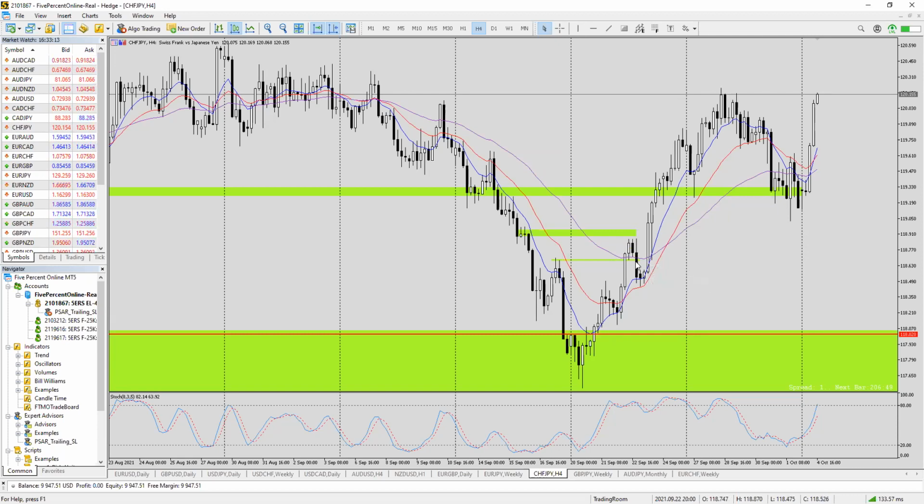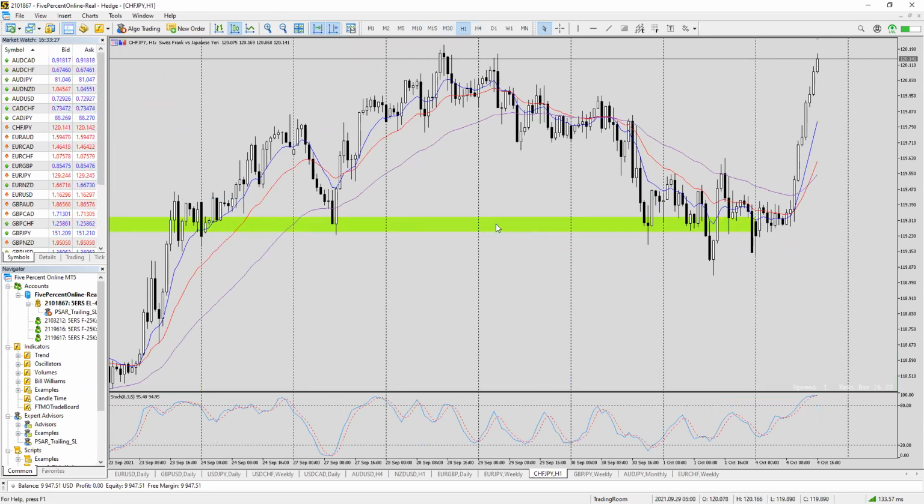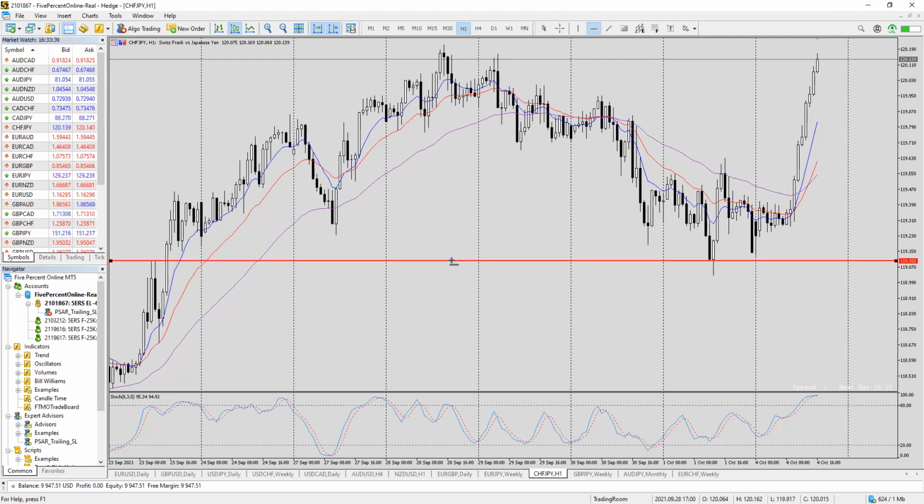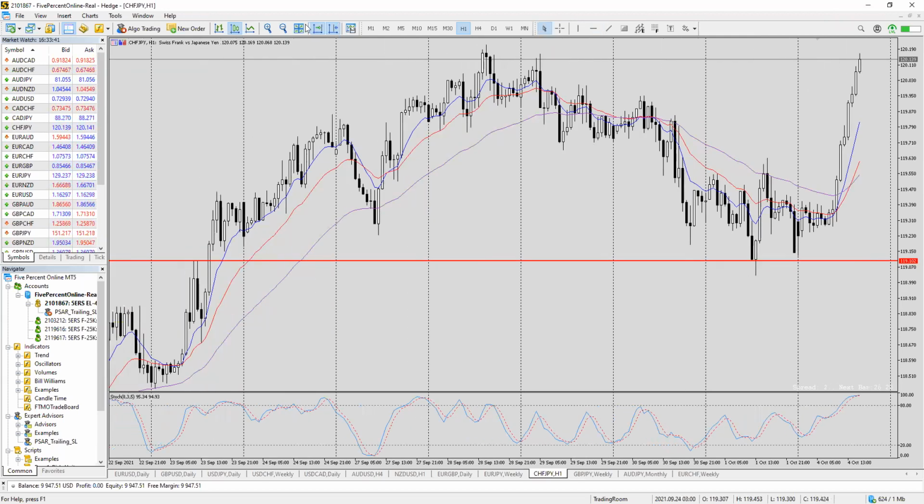But look, on the shorter time frames, for areas of retest, breakout and retest. For example, let's even go on lower time frames. Okay, we have something like this.